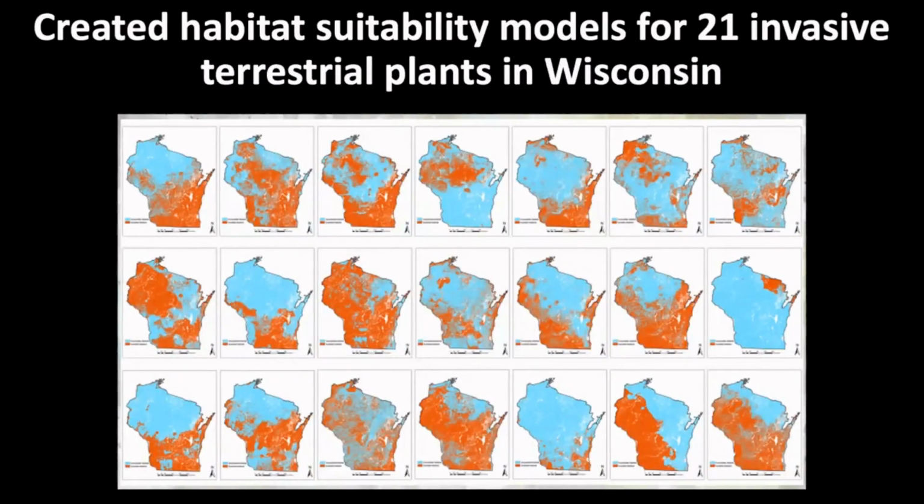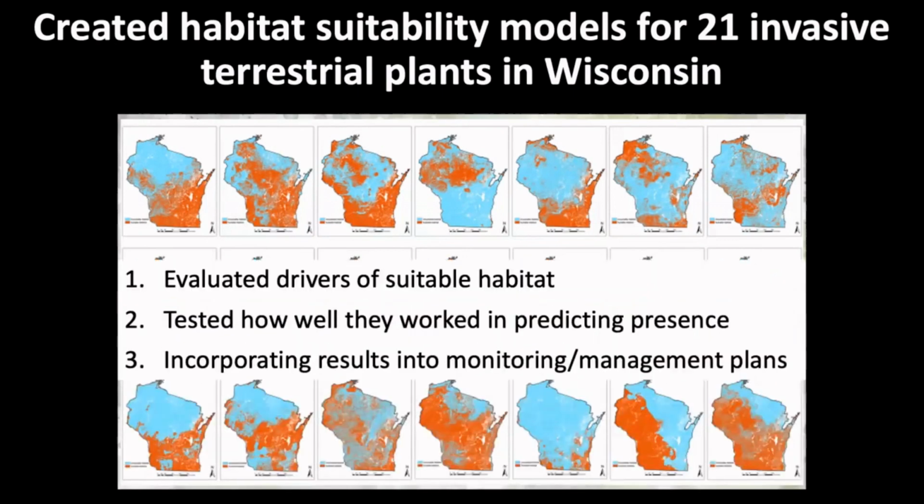And so that's what we've done, is we've created these habitat suitability models for 21 invasive terrestrial plants in Wisconsin, as can be seen here in these pictures. And really our goal with these, besides just relaying this information to our stakeholders, we wanted to really evaluate what's driving suitable habitat so we can better understand our enemy here.